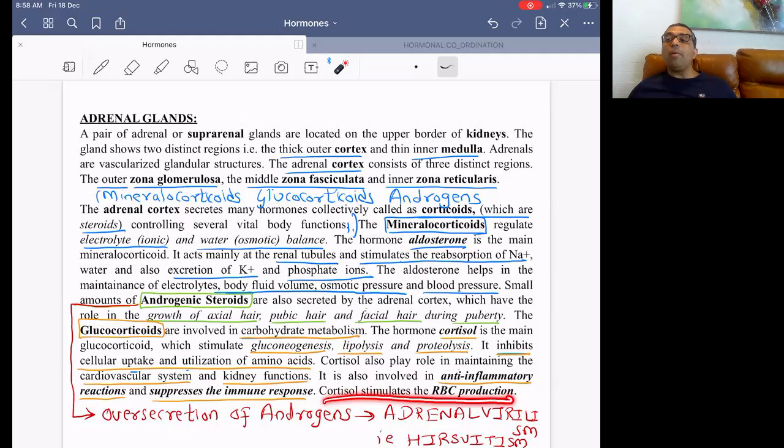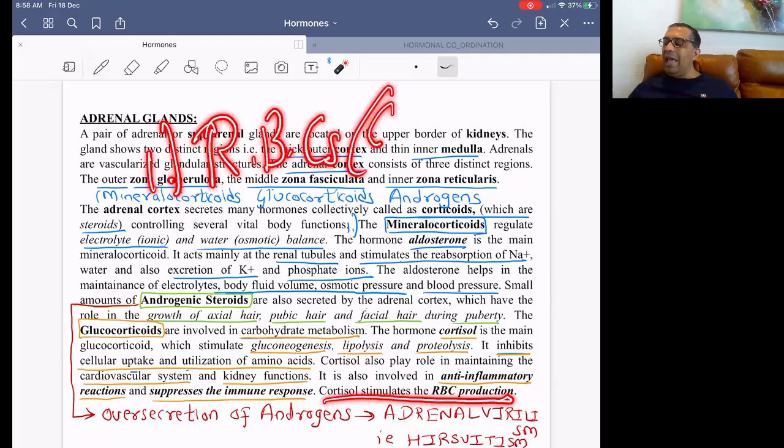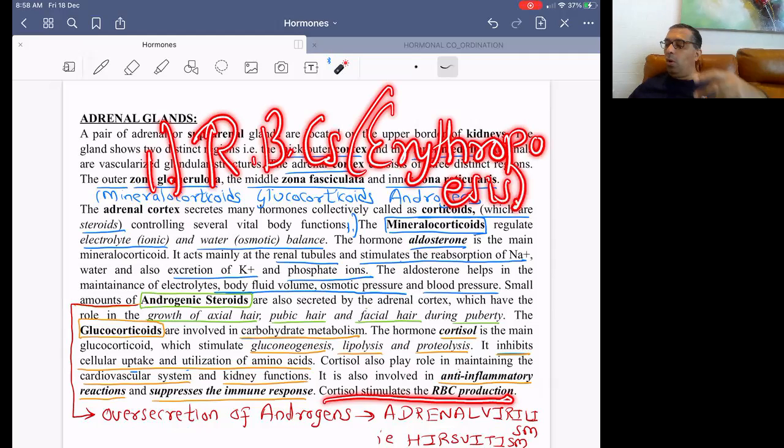So, sir, RBC production होता है, and as a matter of fact, you may remember RBC production, also called as erythropoiesis. Erythropoiesis is done with the help of 4 hormones. एक, अगर याद है, थायरोक्सिन will help in erythropoiesis. ये मैंने बताया था, याद है all of you?